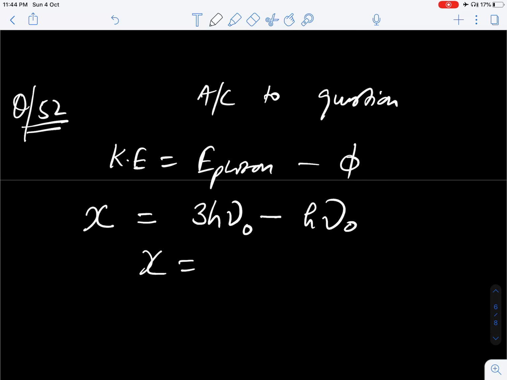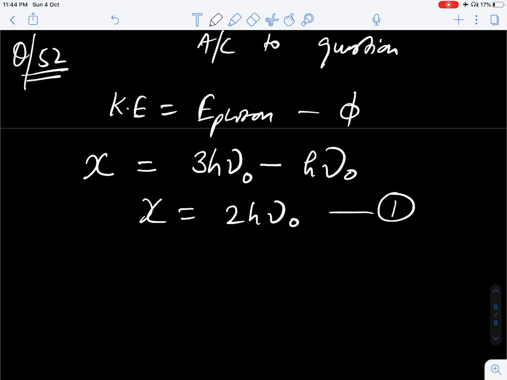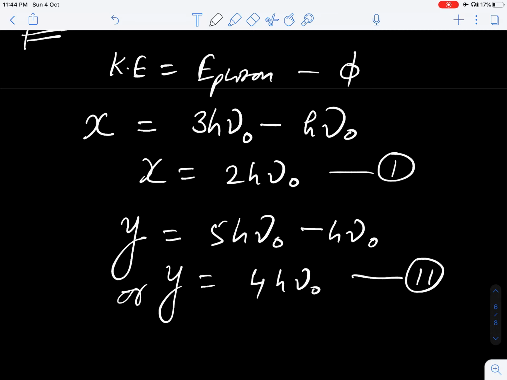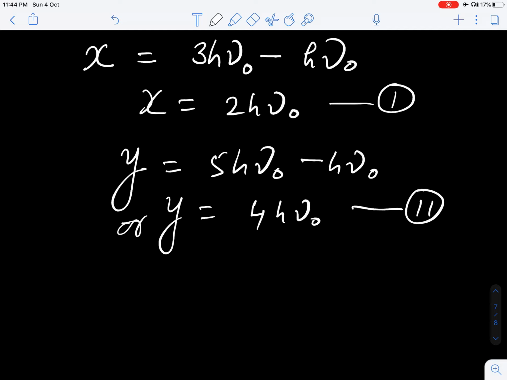So x is equal to 2h nu naught from the first statement. From the second statement, y is equal to 5h nu naught minus h nu naught, or y is equal to 4h nu naught. Also, z is equal to h nu naught.